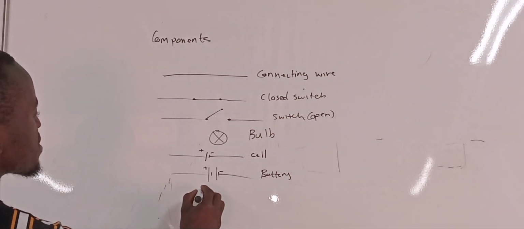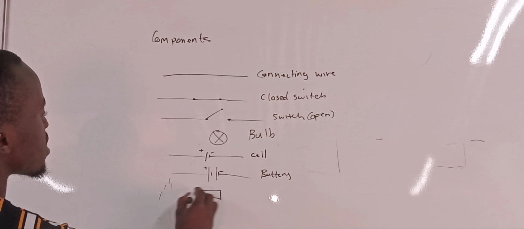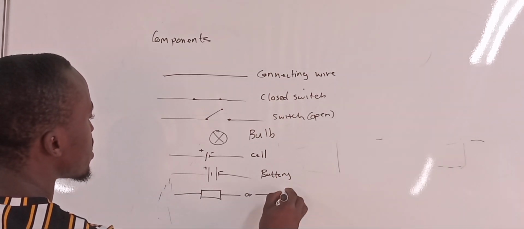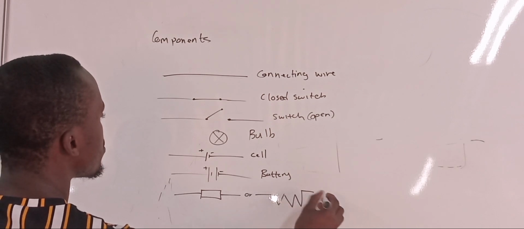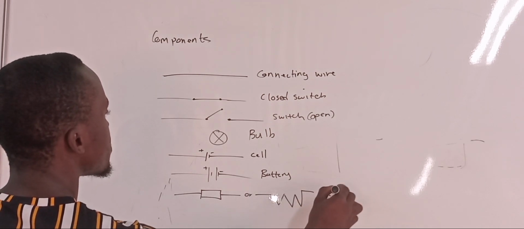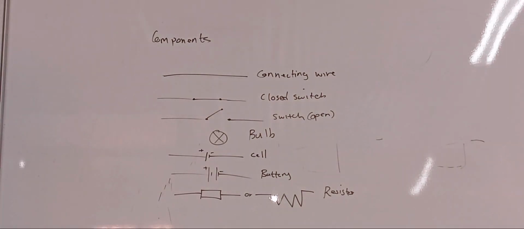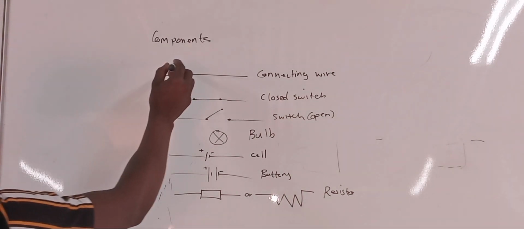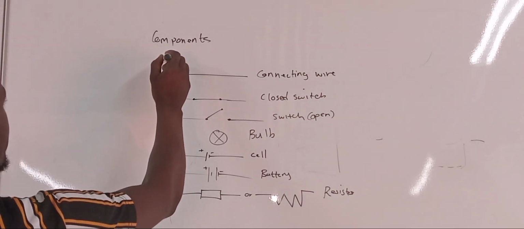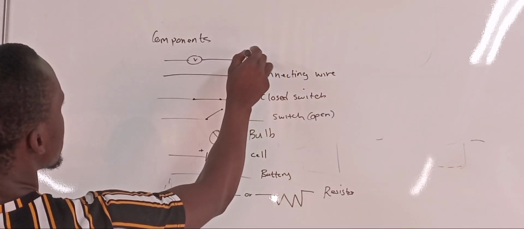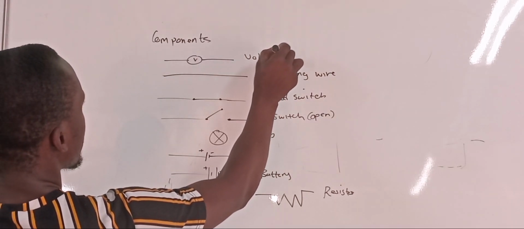Then what else? We have something known as a resistor, or they can draw it like this. I'm not sure of the shape, but I try. The function of a resistor is to resist the flow of charge, or to resist current. Then we have this component known as a voltmeter.